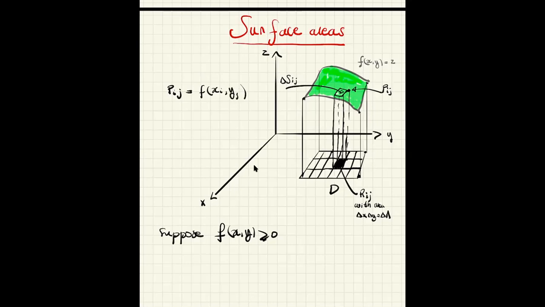We divide this into small rectangles x1, x2, x3, x4, x5, and then y1, y2, y3, and each time you choose a point here, you call it (x_i, y_j).